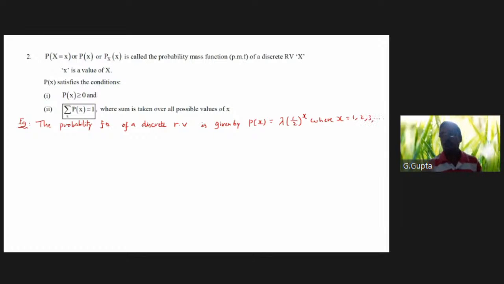That means countably infinite. Then the value of the constant lambda is equal to dash.